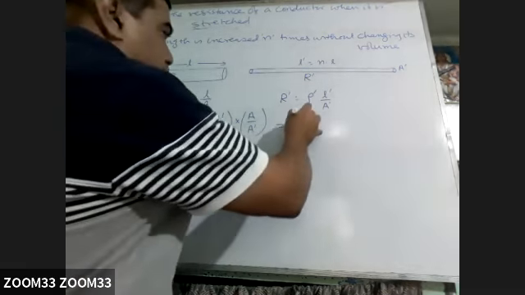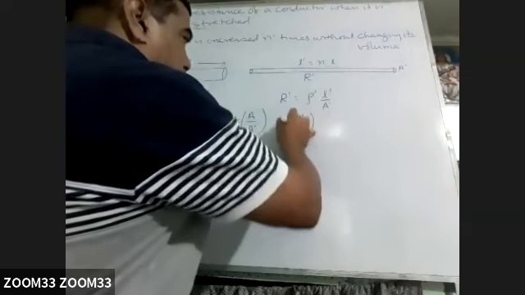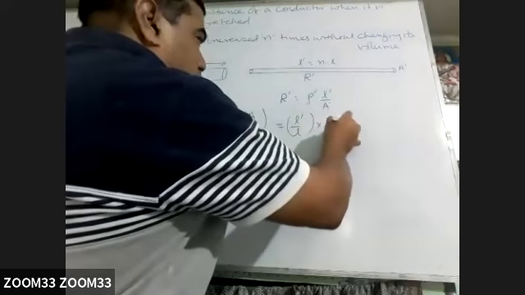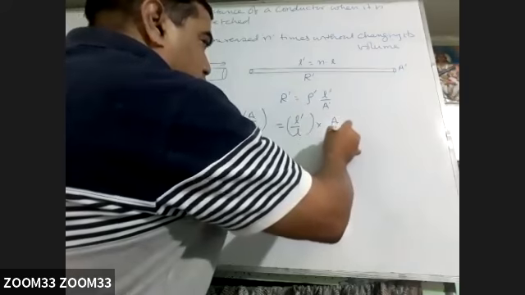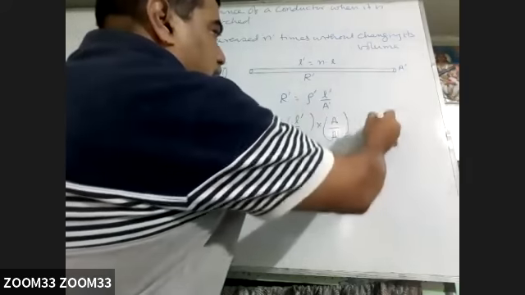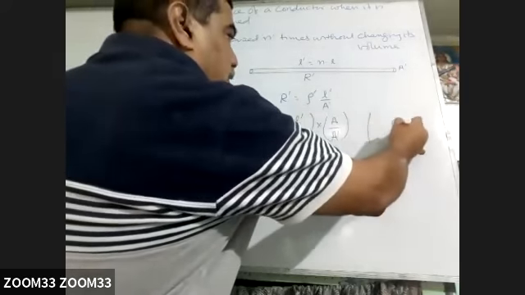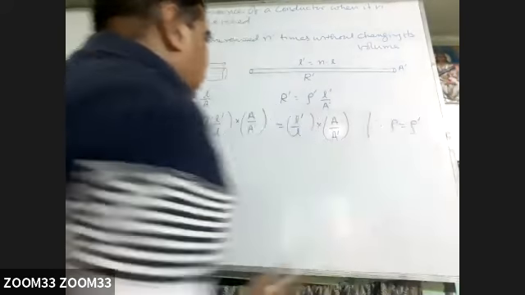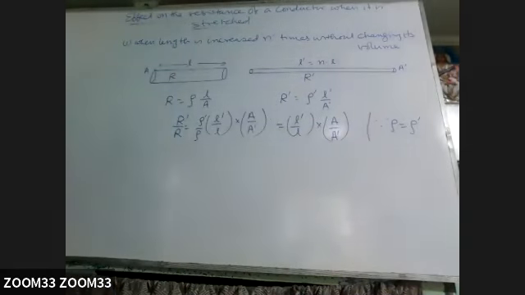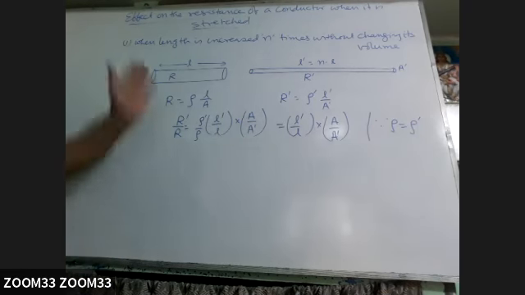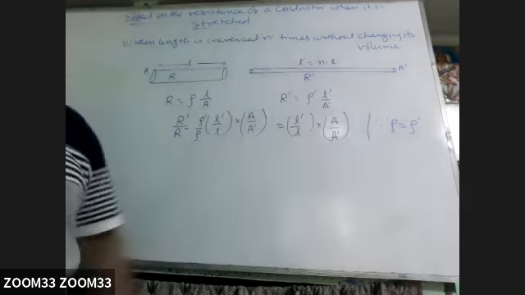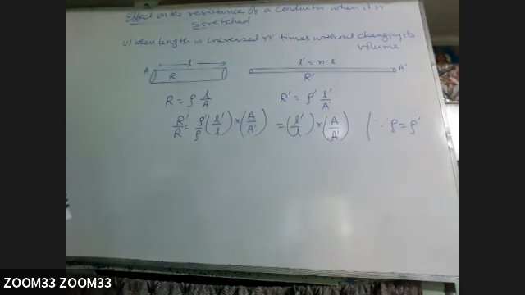In this case, it will become L dash by L into A over A dash, since rho is equal to rho dash. The same wire is stretched, so there is no change in the resistivity.